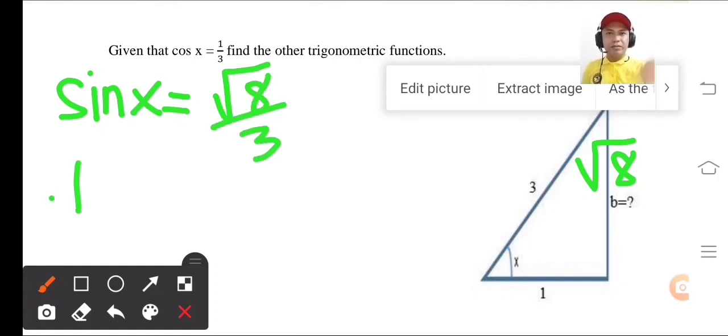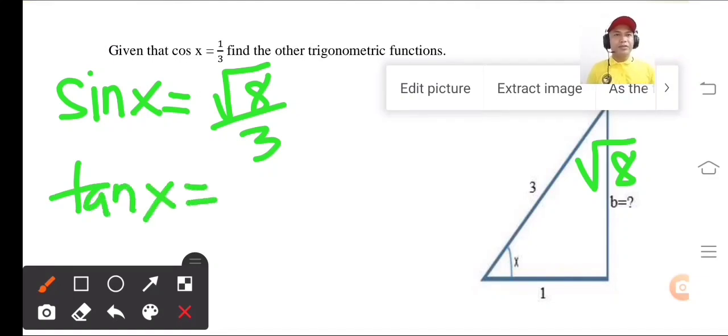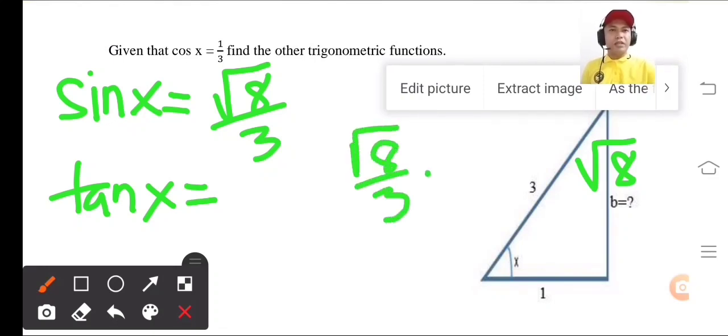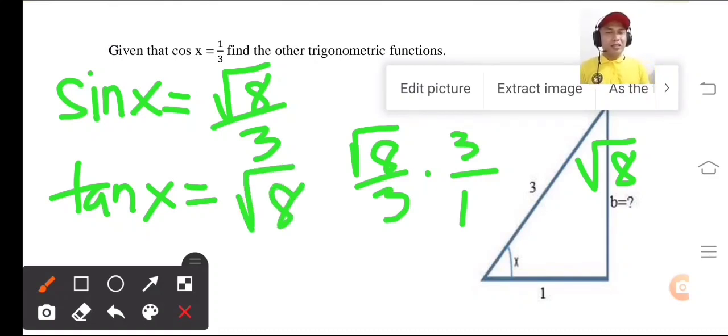For tangent x, we have sine over cosine. Sine is square root of 8 over 3, while cosine is 1 over 3. The reciprocal of cosine is 3 over 1. So the result is square root of 8. So tangent x is square root of 8.